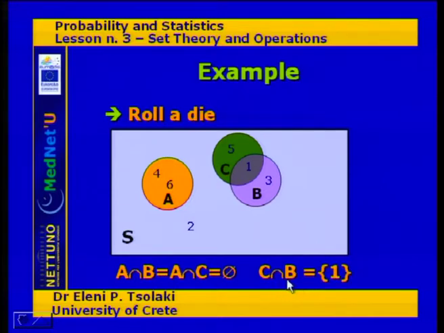C and B have one element in common, and it is obvious that the three sets, the three events, are not collectively exhaustive. They do not cover all sample space S. One element is left out. It should be included so that we have all sample space S.